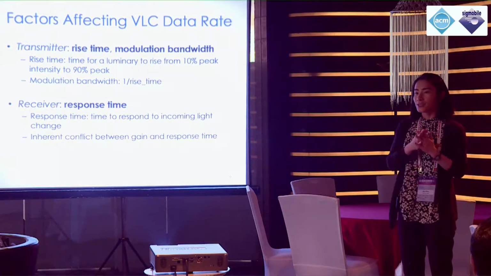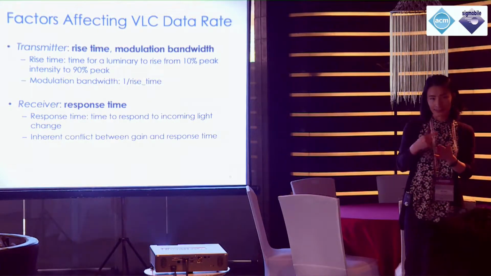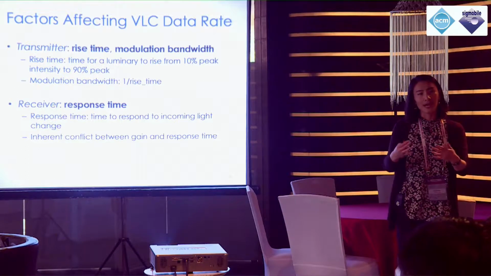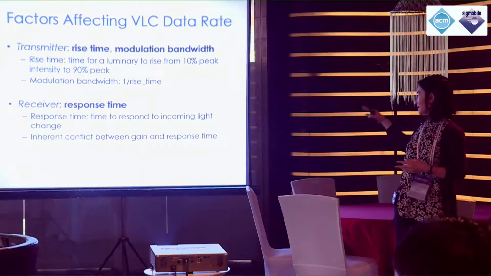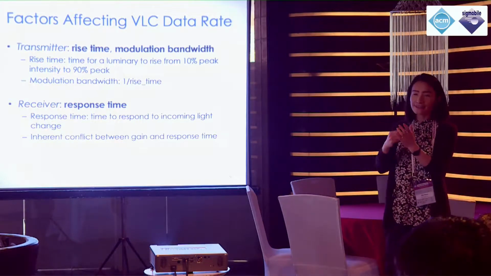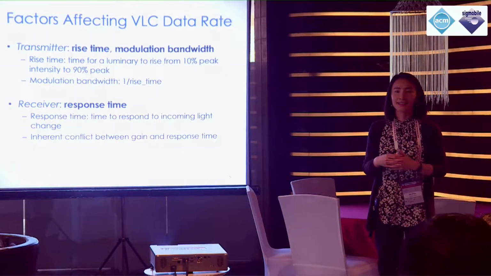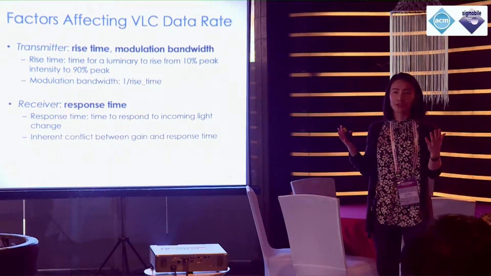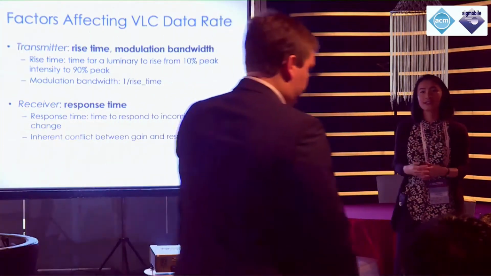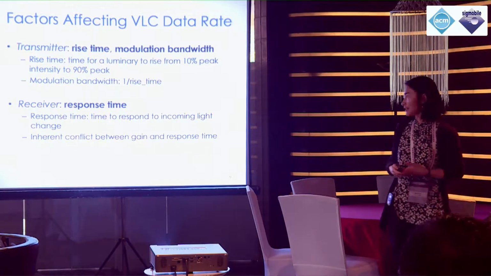Typically they have an inherent conflict between the gain, how sensitive they can be to the incoming change of the light intensity, and the response time. So the smaller or the faster the photodiodes, typically the smaller the gain, and the slower photodiodes typically have a higher gain, meaning they can sense lower light intensity. So that's typically a tricky trade-off depending on the application scenario.